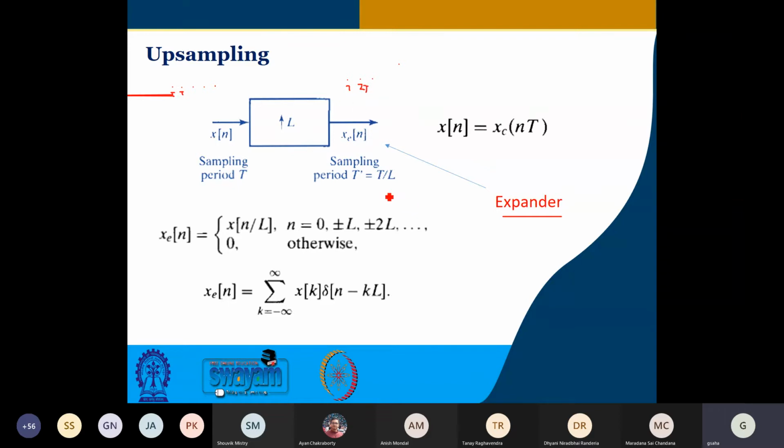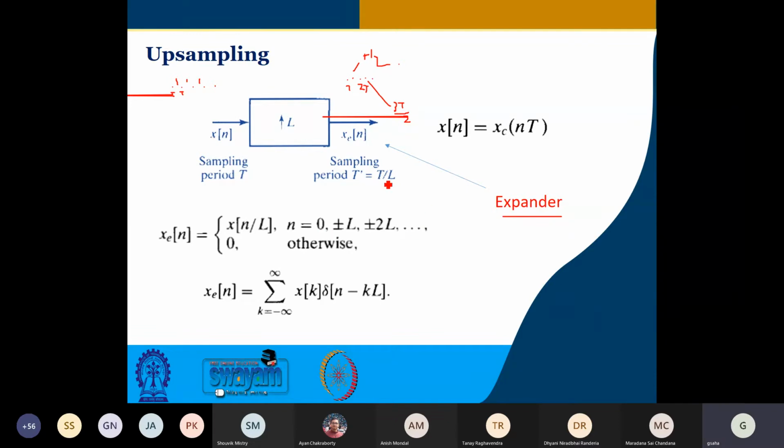So we want one sample to be there at t by 2, then another sample over here at 3t by 2, and so on, depending on the value of L. So in between these two, we need to insert a sample, which will be representative of the original signal. Okay, so this is the idea.